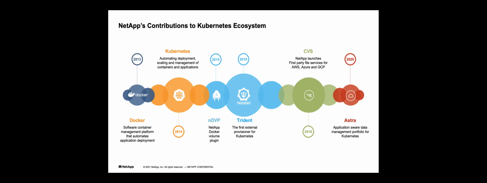And we are agnostic as to the distributions. So whether it's OpenShift or upstream Kubernetes or Rancher or Mirantis Kubernetes Engine, we really don't care. We work with them all because we help define the standard for how storage is connected to Kubernetes and to pods.